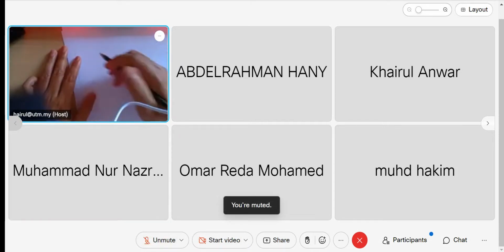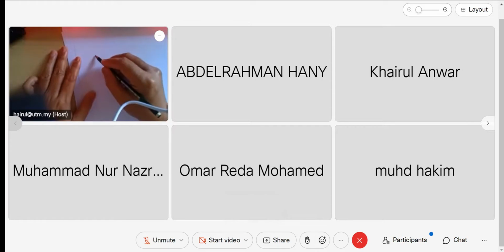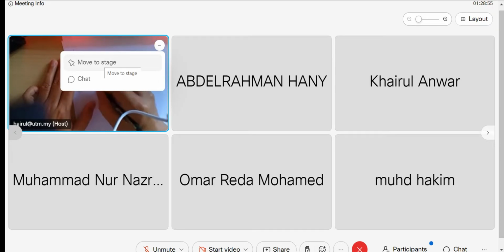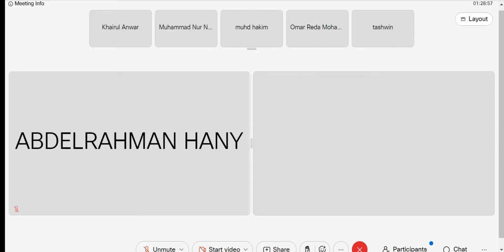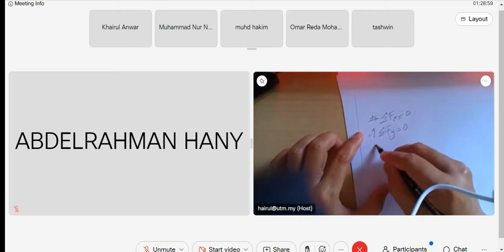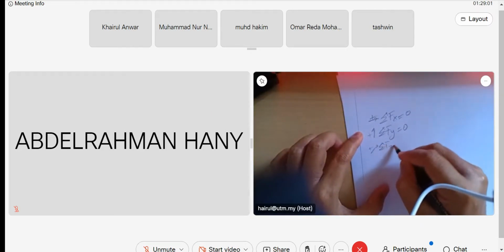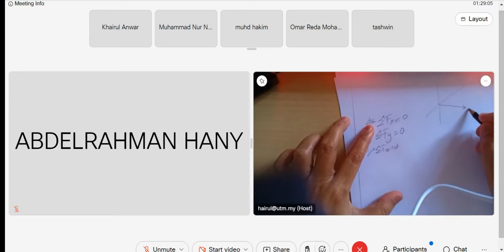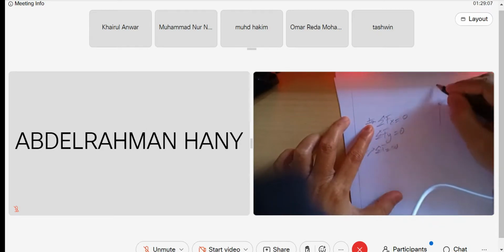You learn from statics, summation of Fx equal to 0, summation of Fy must be 0, summation of Fz equal to 0. It depends on how you set the axis. Sometimes in certain books this is X, this is Y. Some books have Z pointing up.